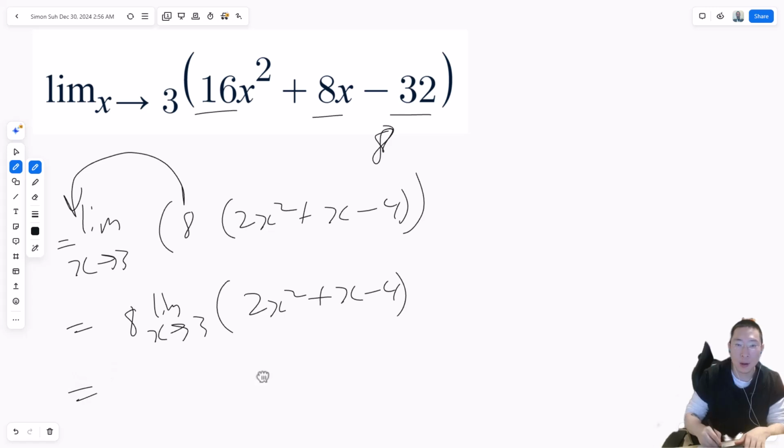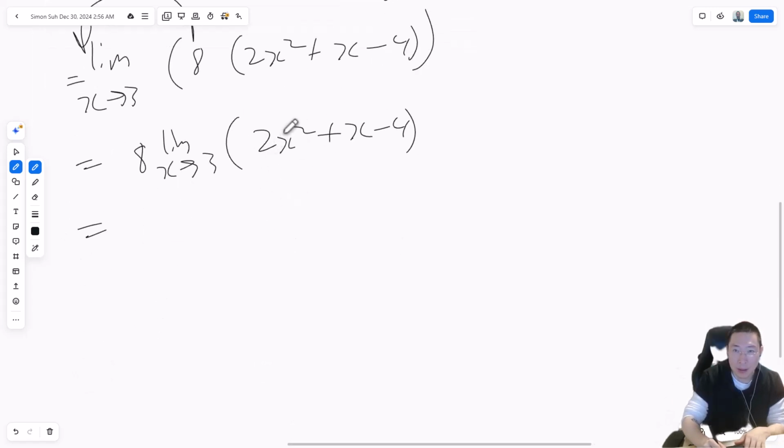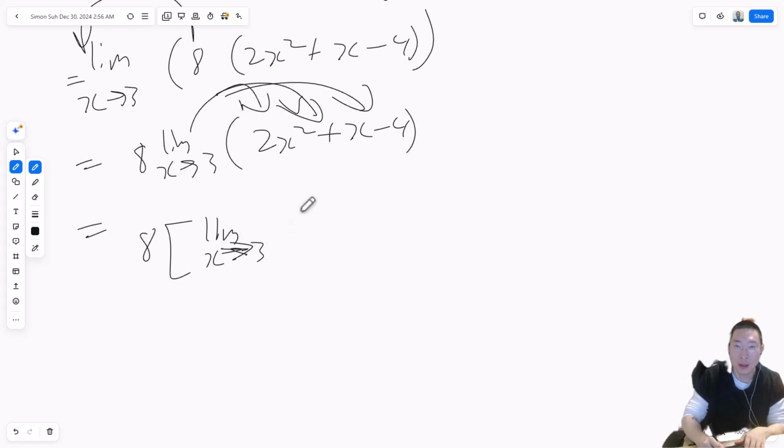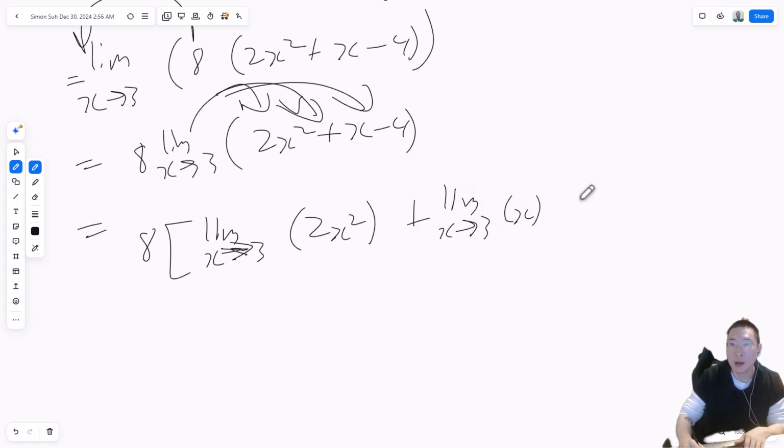Then we can use the summation law and the difference law to distribute this limit into all these terms individually. So this becomes 8 times the limit as x approaches 3 of 2x squared, plus the limit as x approaches 3 of x, minus, this is the difference law, the limit as x approaches 3 of 4.